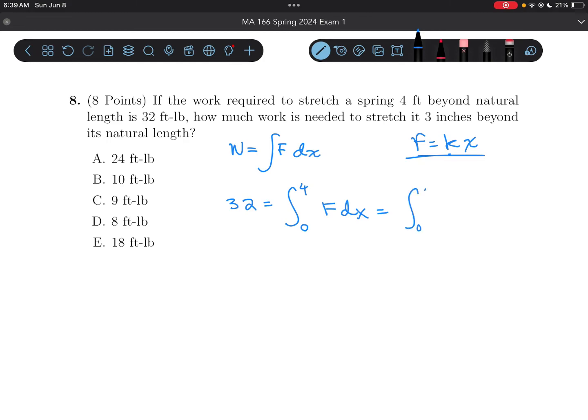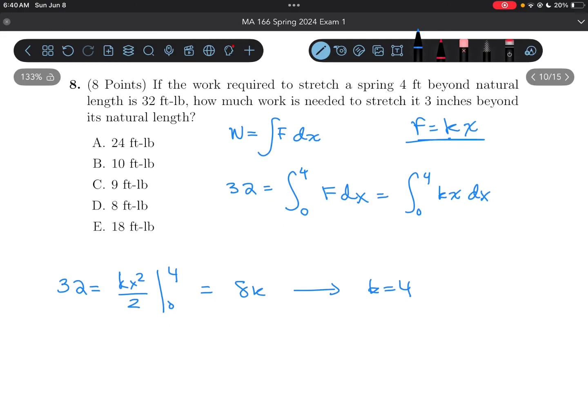We get 32 is equal to the integral of k times x dx. Since k is our spring constant, we can integrate as usual, and we get kx squared over 2 from 0 to 4. So if I plug in the 4, I get 32 is equal to 8k, which means k is equal to 4.